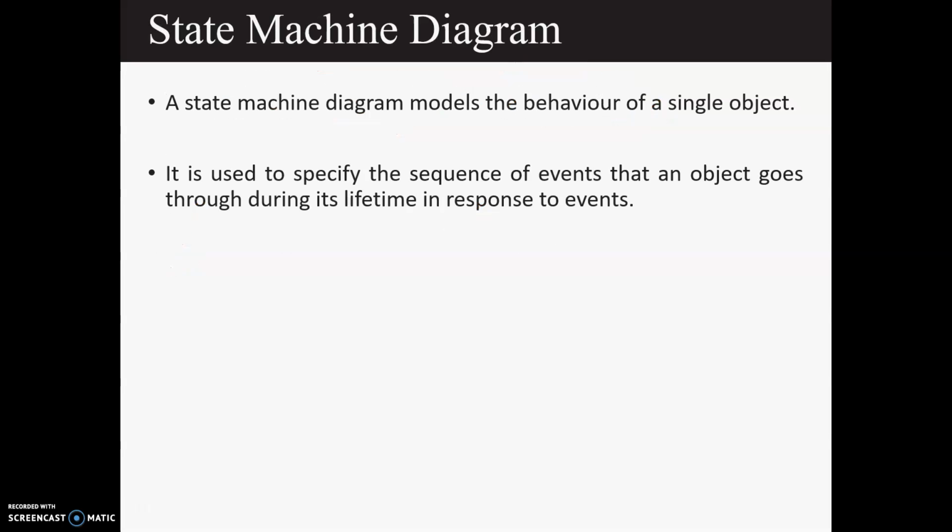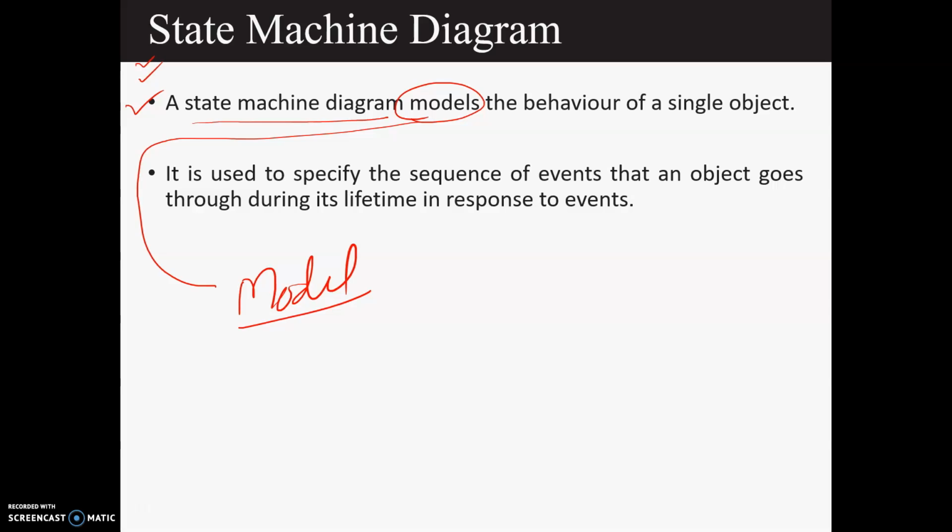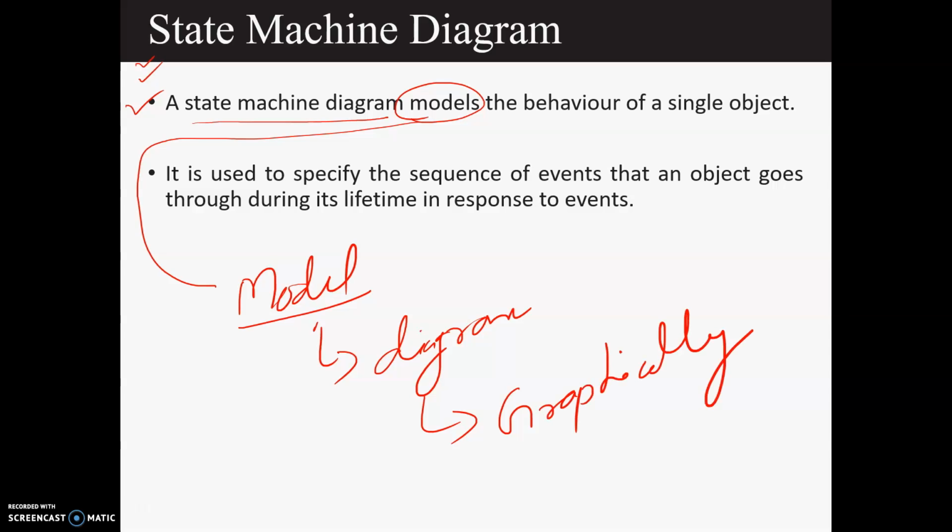So here I have explained what a state machine diagram is and why we design a state machine diagram. A state machine diagram is a model. So we are going to create a model, or in other words a diagram, to present graphically how an object behaves.